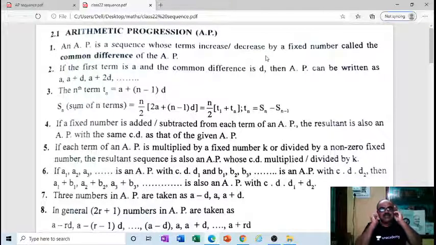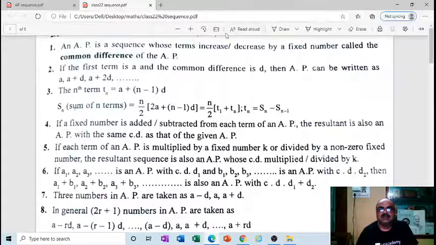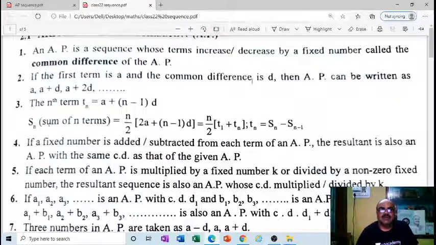Welcome you once again to this class of sequences. Let's discuss arithmetic progression. An AP is a sequence whose terms increase or decrease by a fixed number called the common difference of the arithmetic progression.